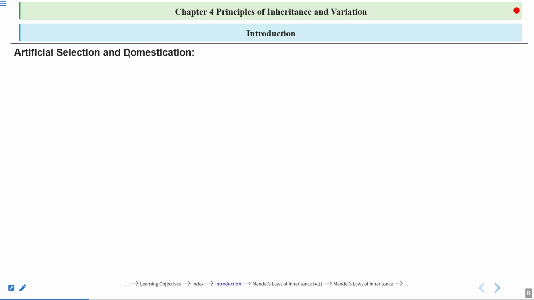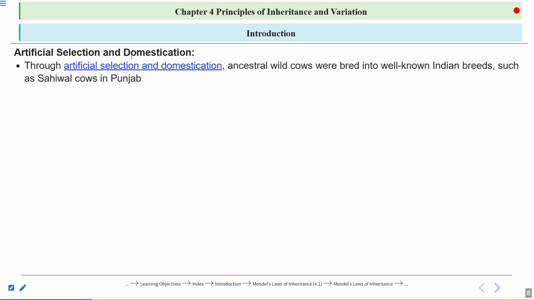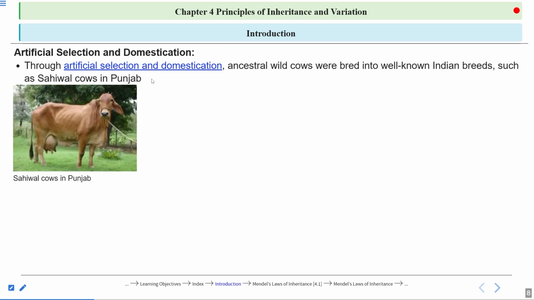So they were doing artificial selection and domestication. Through artificial selection and domestication, ancestral wild cows were bred into well-known Indian breeds such as Sahiwal cows in the Punjab. So through selective breeding, a variety of cow known as the Sahiwal cow has been developed in the Punjab.